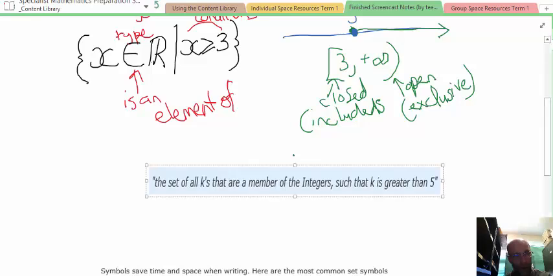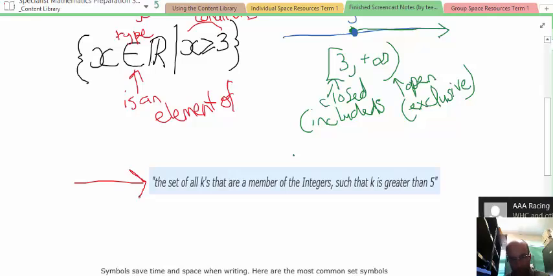I would like you now to have a look at the information here, which leads to my first question. I would like you to call this question 1 and post your answer in your individual space notes under your name. You can see the arrow there, and it's pointing to a sentence: a set of all k's that are a member of the integers such that k is greater than 5.